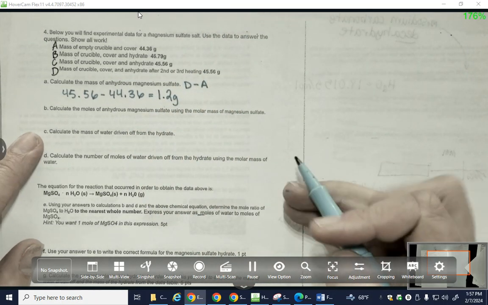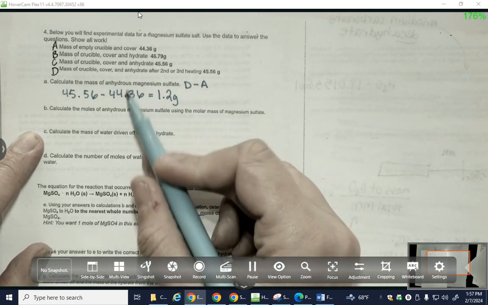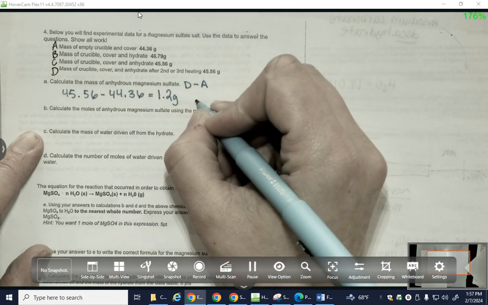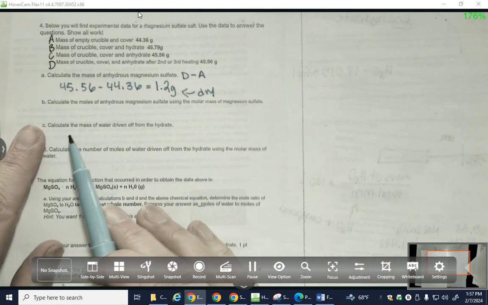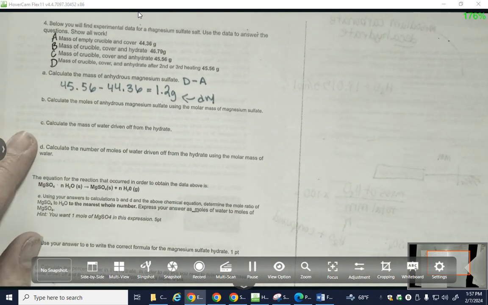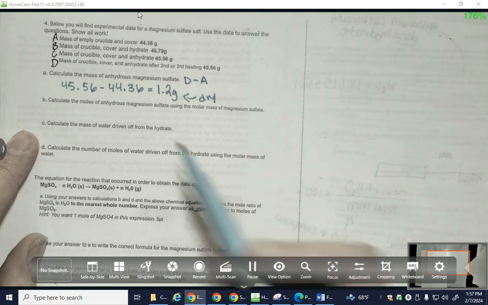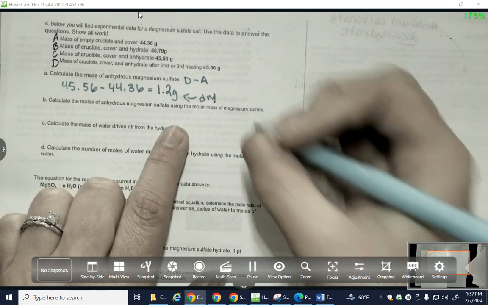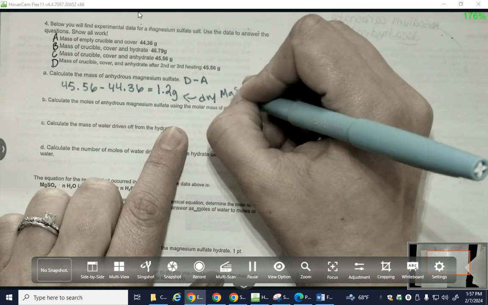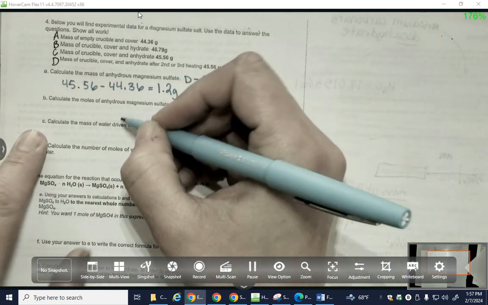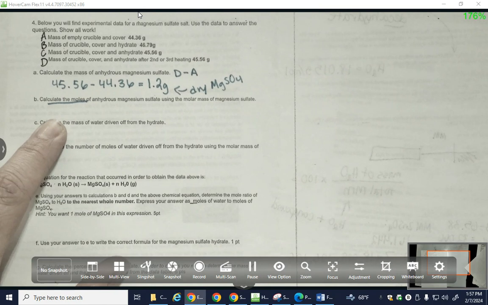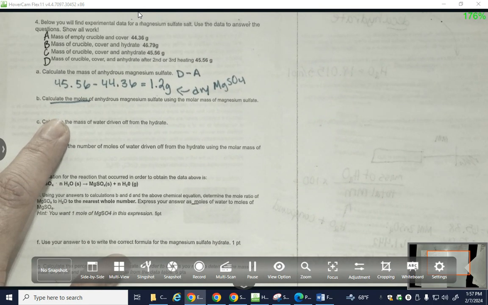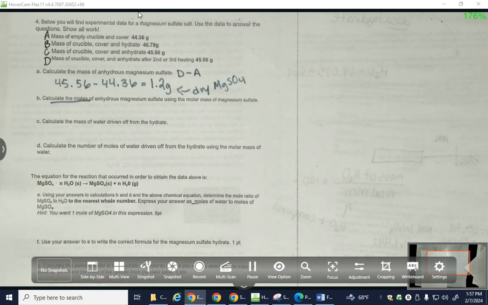All right, letter B. So this is the anhydrate, okay? So this is your dry. Letter B says calculate the moles of the anhydrous magnesium sulfate. So this is your MgSO4, and this one is converting it to moles. So when we had to convert to moles in the past, that's your other notes page where we were learning about all of our conversions.